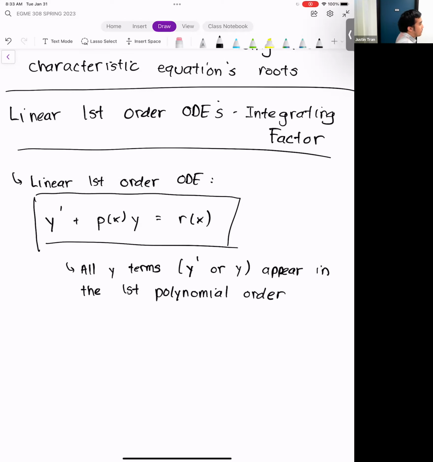And so this concept of linearity, this concept of a linear ODE, it's going to come up again. In fact, it's going to come up later today when we do second order equations. So I really want to drive that point home.